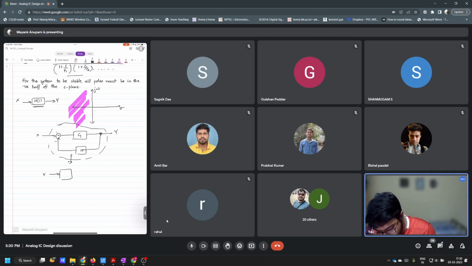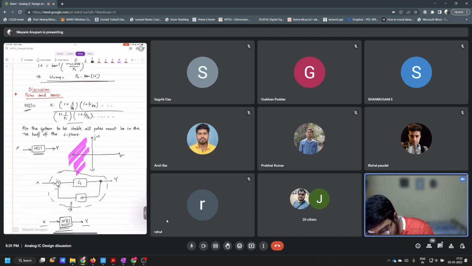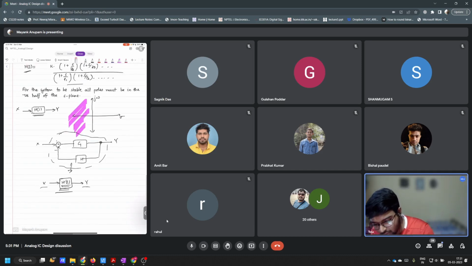This is x, this is some equivalent H prime of s, and then this is y. You can replace it in this manner. Between input and output you have this transfer function H prime of s. In that case, what is the constraint on poles to make the system stable? That is what I was saying, nothing else.